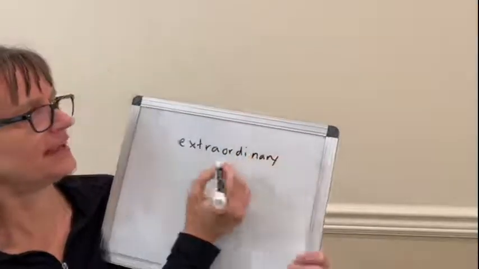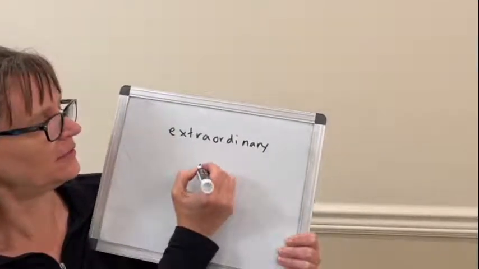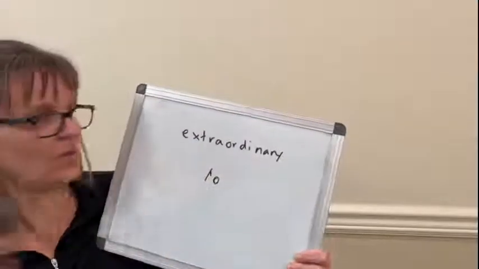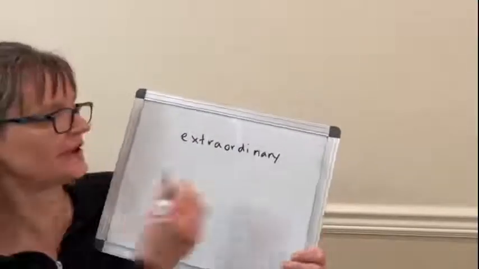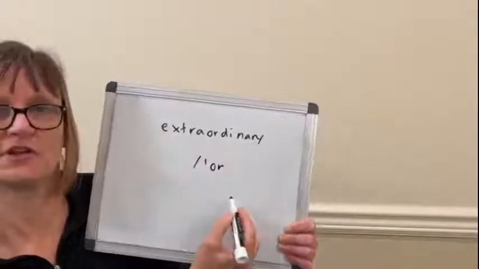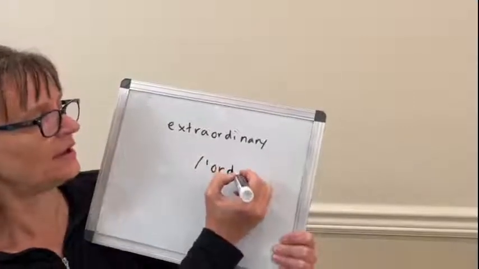If we're just looking at ordinary, the stress is on the or syllable. And so when you look in the dictionary for the stress, you'll see that there's a marker before the stressed syllable. So ordinary is stressed on the or. Ordinary.